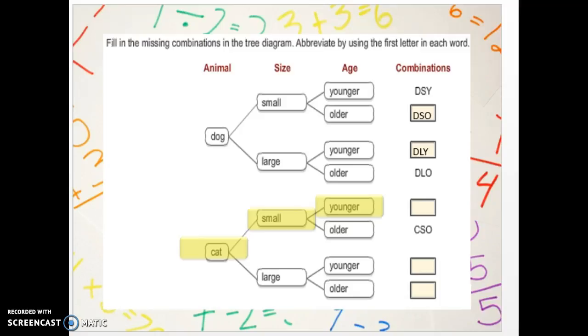Moving down into the cats, our first blank here is cat, small, younger. So I'm going to fill in CSY for cat, small, and younger. Our older cat is filled in there, so let's move on to the large cats. Cat, large, younger would give us CLY, and cat, large, older would give us CLO.